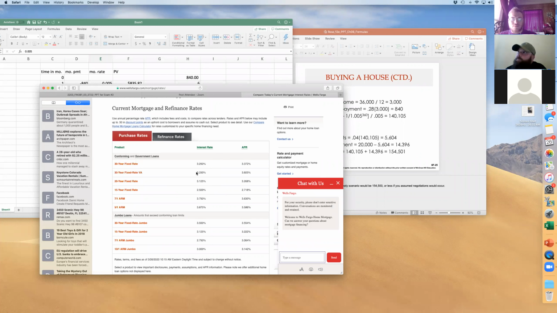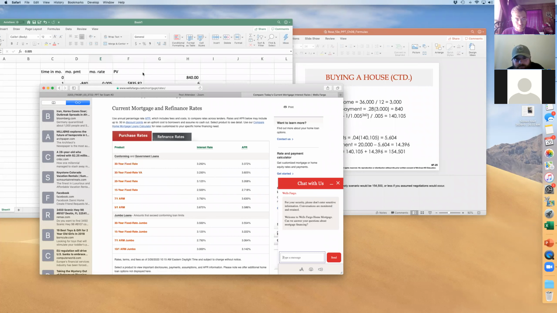For the 30-year fixed rate, typically you have to pay 20% down. It's pretty normal. And if you can't pay 20% down, you have to pay PMI, which is private mortgage insurance, which just makes your mortgage more expensive. So you can see here the various rates. You can see the 15-year fixed is at 2.5%.